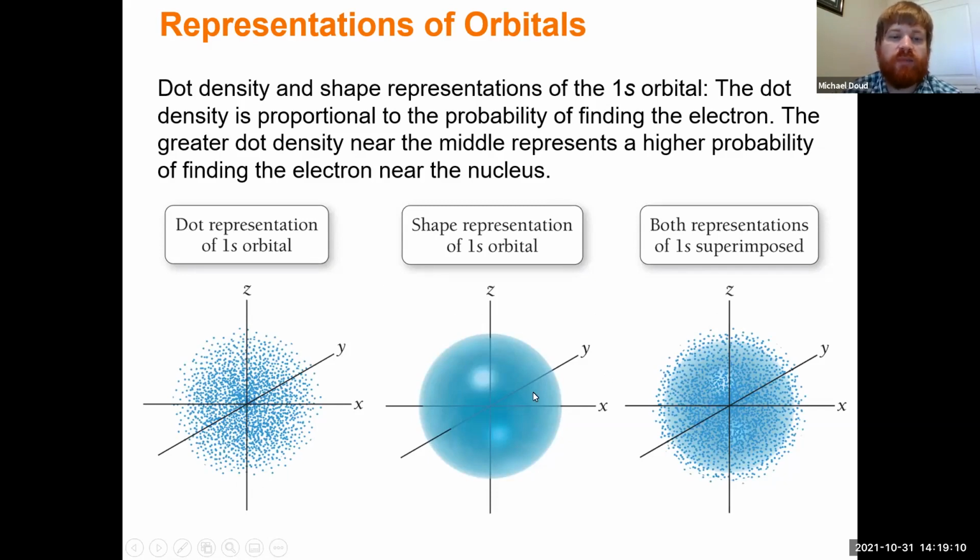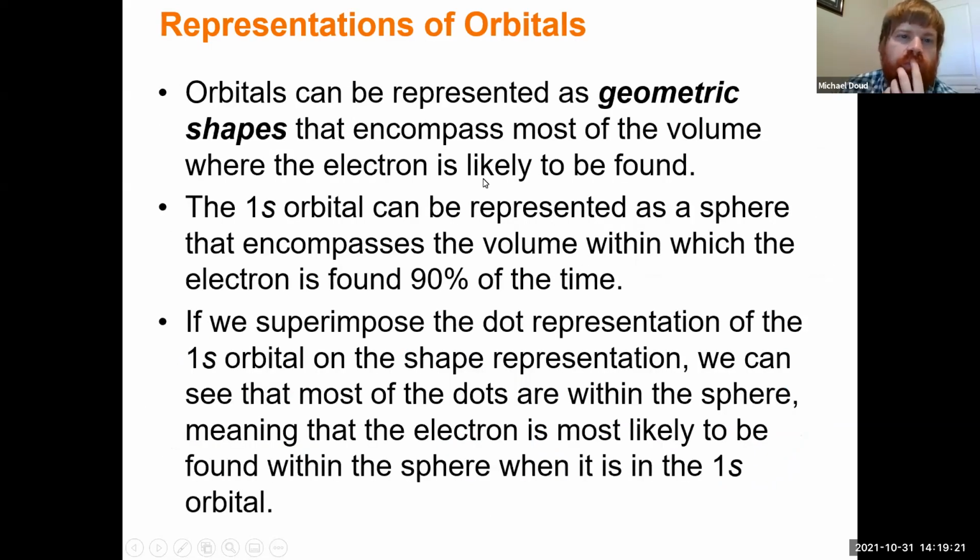Now, if we just do a shape representation, it doesn't really capture everything, but again, we say 95% probability that the electron would be in here. Okay, just showing the geometric shapes. And we're showing you the 90% probability maps. You can also see the 95% and even 99% probability maps, but the only difference is basically they just get slightly bigger.